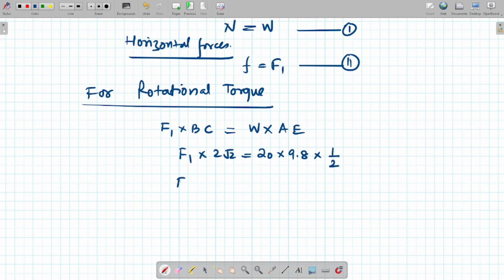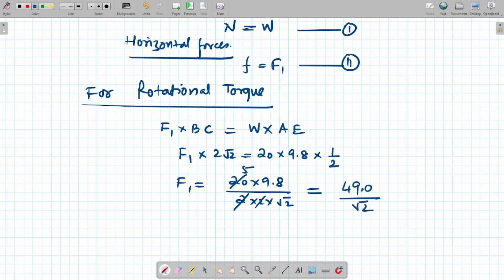Alright. So what is the value of F1? F1 is 20 times 9.8 upon 2 times 2 times under root 2. Okay. So we can say that 2 2 ja, this is 4, 4 5 ja, okay. And then 49, correct, upon root 2. So that's my force.